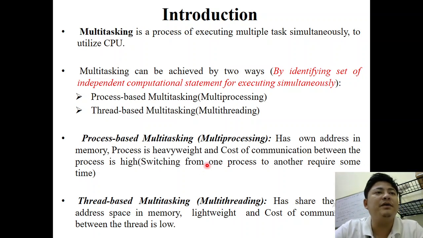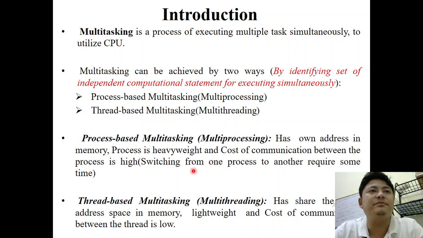So I repeat, in process-based multitasking, the program has its own address space and its own processor, the process is known as heavyweight, and the cost of communication between the processes is high. Why is it high? Because some time is required to switch from one process to another, and that time is known as the context switch time.